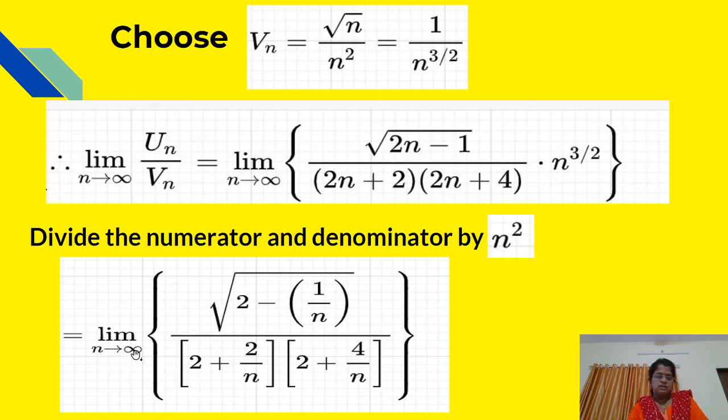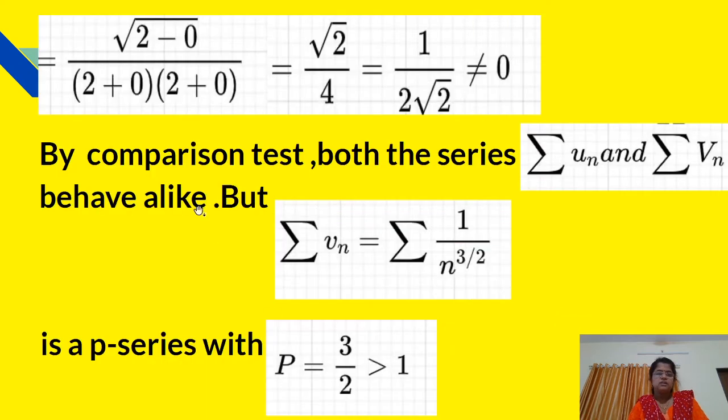When n tends to infinity, this 1 upon n tends to 0, this 2 upon n tends to 0, this 4 upon n will also tend to 0, and therefore we will get it is equal to under root 2 minus 0 divided by 2 plus 0 into 2 plus 0, which is equal to under root 2 upon 4, and which is equal to 1 upon 2 root 2, which is not equal to 0.